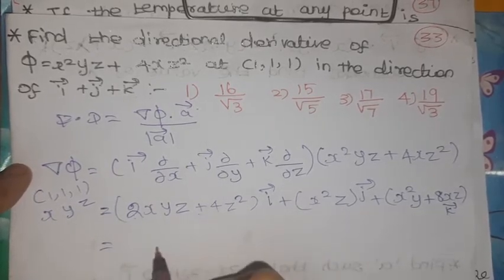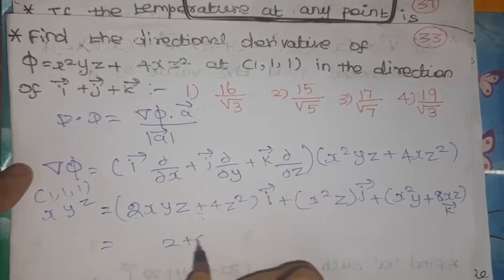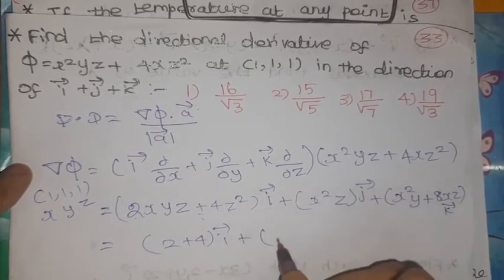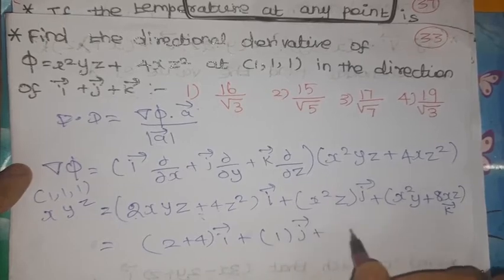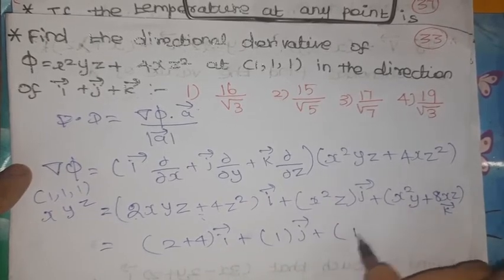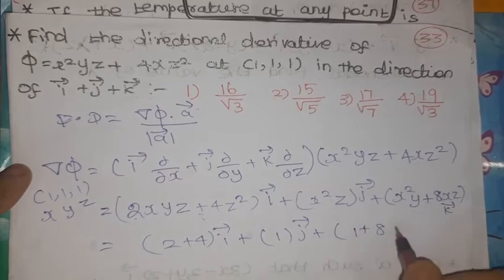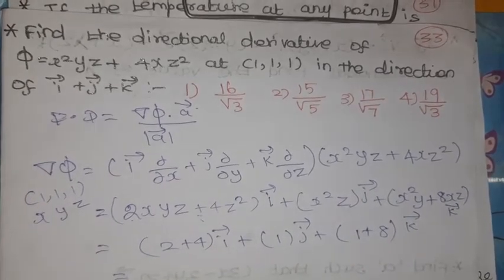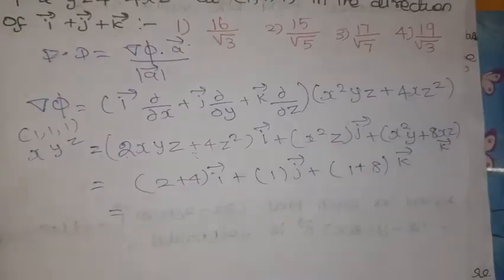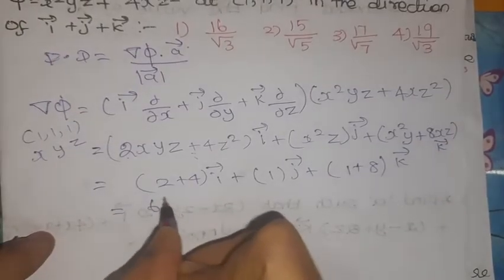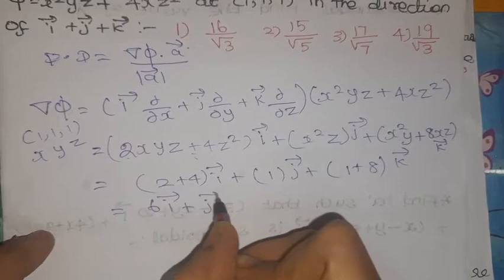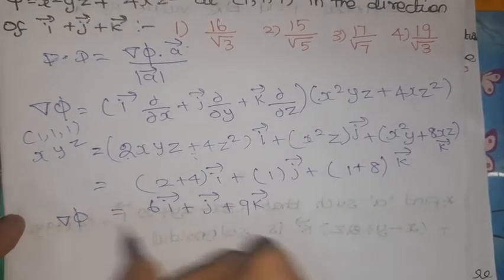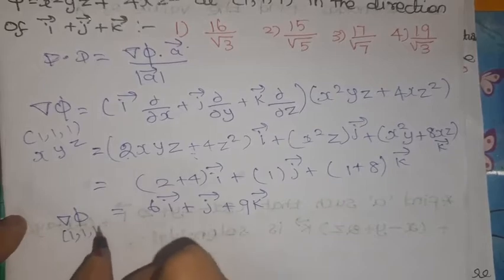So 2 plus 4 into i, for this 1 into 1 into j, plus here 1 into 1 plus 8 into 1 into 1 into k. So what we get is 6i plus j plus 9k. This is del phi.